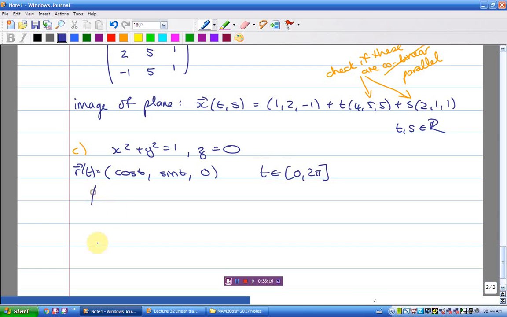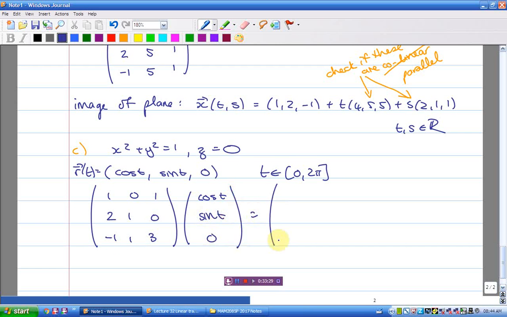So then I take my transformation matrix, 1, 0, 1, 2, 1, 0, minus 1, 1, 3, and I multiply it with the vector cos t, sin t, 0, and I get out something rather funny looking. I end up with cos t, 2 cos t plus sin t, minus cos t plus sin t.